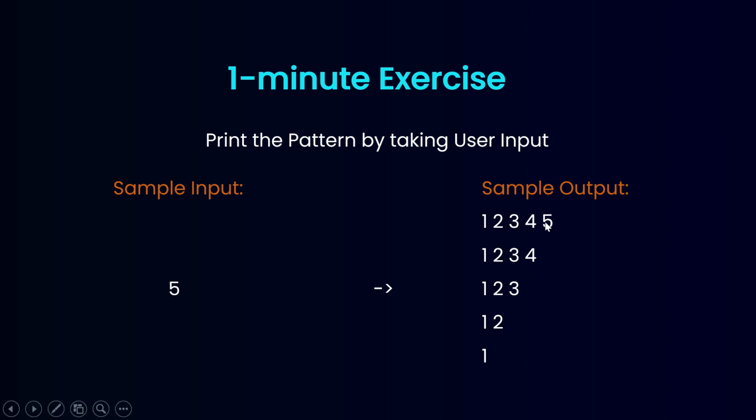So we can decode it as, initially its size was 5, 1 2 3 4 5, then for iteration 1, for iteration 2 the size went from n to n minus i, that is the iteration. So this is the first iteration, so the size became n minus 1.